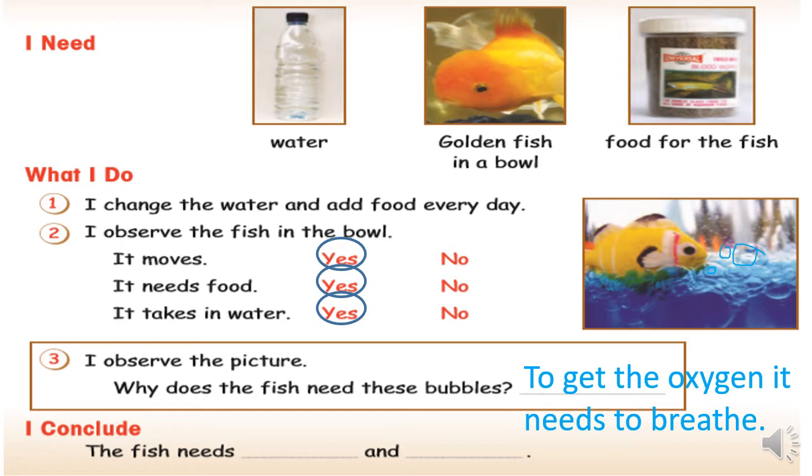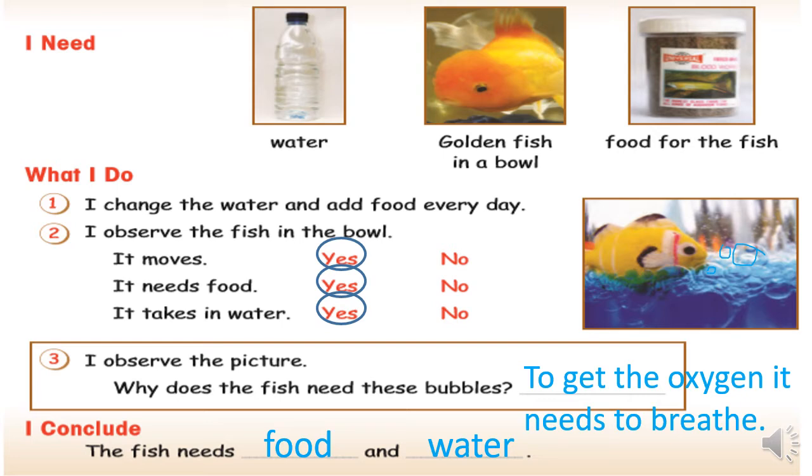So, what do you conclude? What does the fish need in order to stay alive? The first thing, as I said, is that without food, the fish will die. So the fish needs food and it needs water. Can the fish live outside the water?